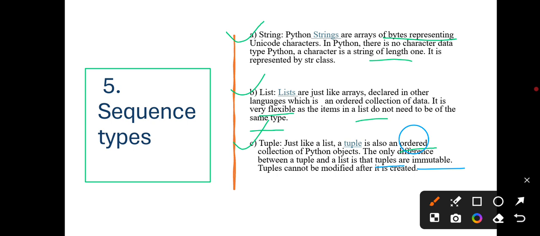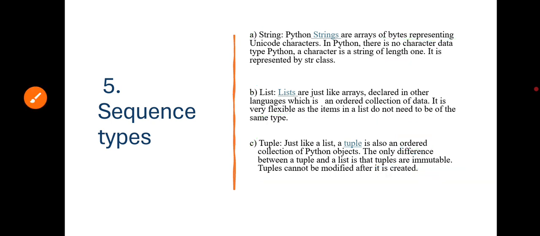Immutable means it cannot be changed or modified after creation of the tuple, whereas a list is mutable, so it can be changed or modified after it is created.